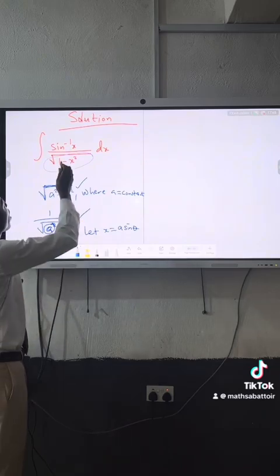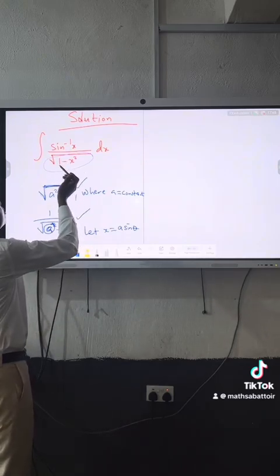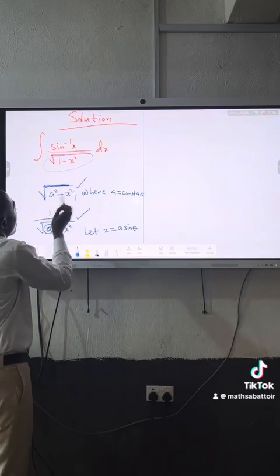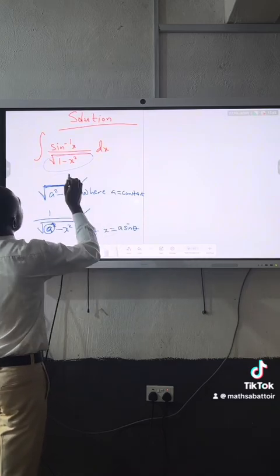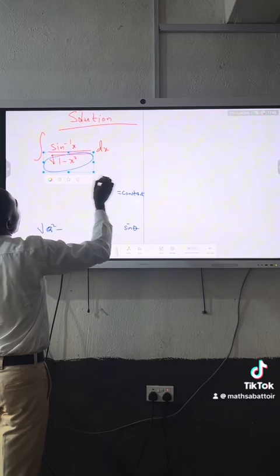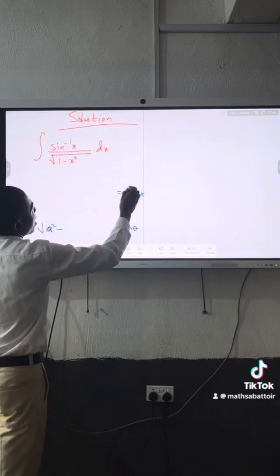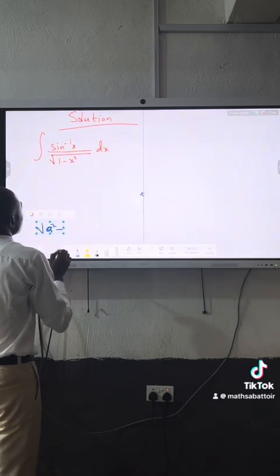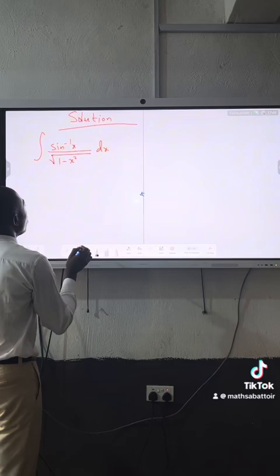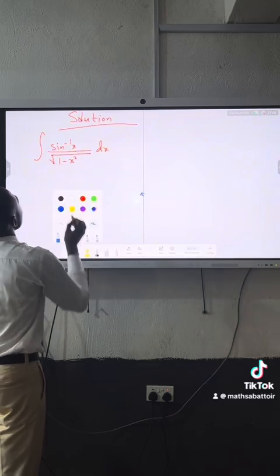All right, so if you look very carefully, we can make this denominator resemble this thing here. How? Let me show you how you can make the denominator resemble what I just said, so that the assumption can commence. So we go.